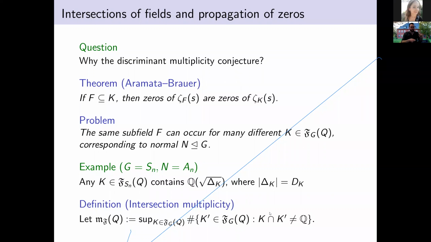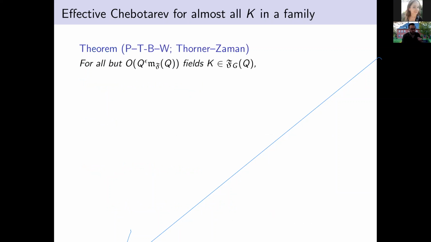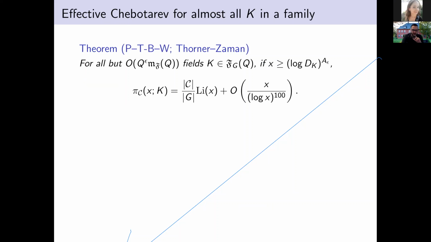And then what this Pierce, Turnage-Butler, Wood result says, and again, I'm going to state a slight improvement due to Thorner and Zaman, is that for all but O of Q to the epsilon times this intersection multiplicity fields in your family, you're going to get a very strong Chebotarev density theorem. You have X bigger than some large power of log discriminant.